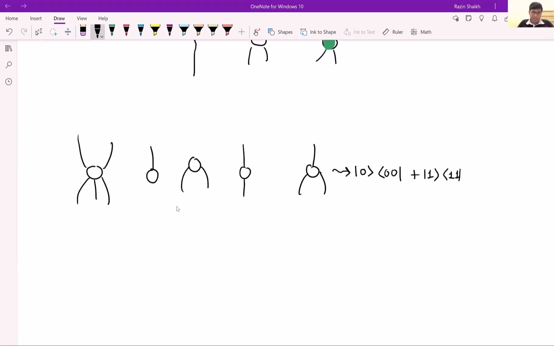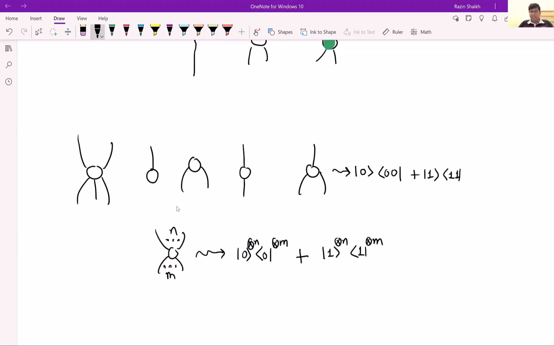In general, if I have arbitrary legs, suppose there are m input legs and n output legs, this spider can be translated in the bracket notation as n outputs with m inputs of all ket 0, plus n outputs with m inputs of all ket 1.